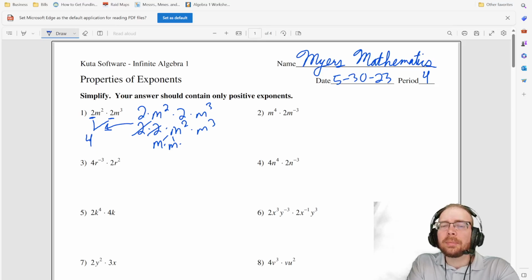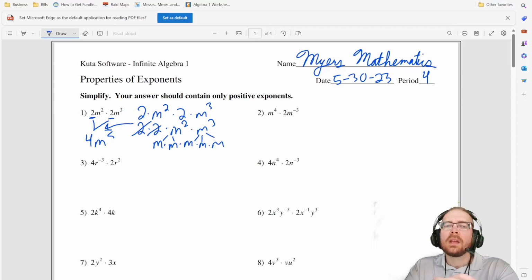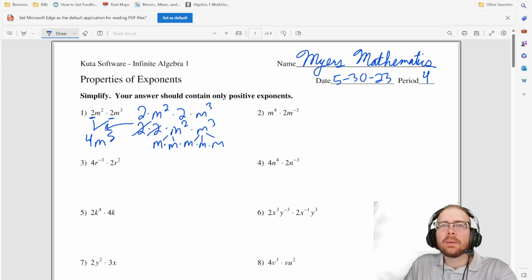If it's m to the third power or m cubed, then it's m times m times m. Well, how many of those are there now? Well, there's 1, 2, 3, 4, 5 m's, 5 powers of m. And it always works out like that. It's not going to all of a sudden change and be something else. That's always how it works.